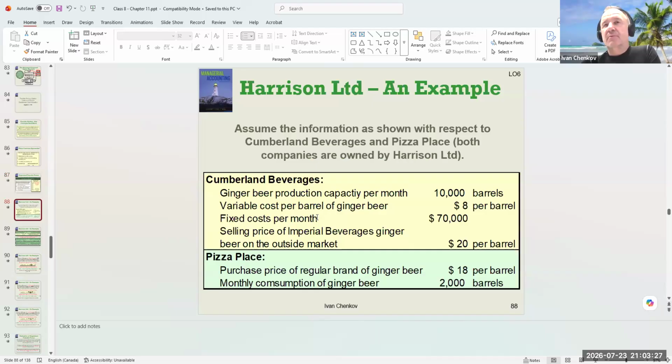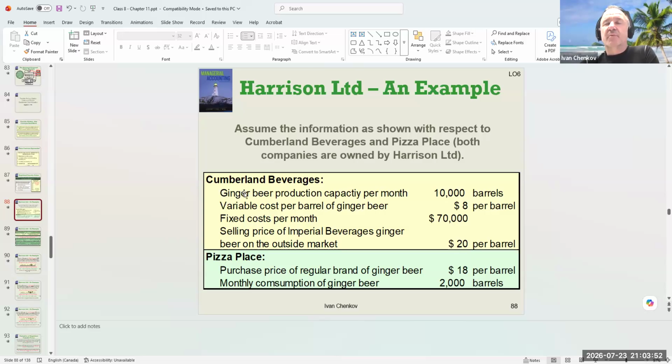Now let's see an example with transfer pricing. Imagine two divisions in a company: one is the beverage division, and the other one is a pizza place. The beverage division is producing ginger beer.